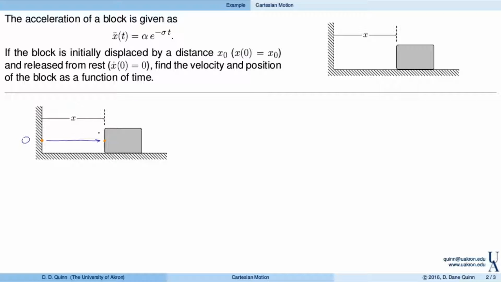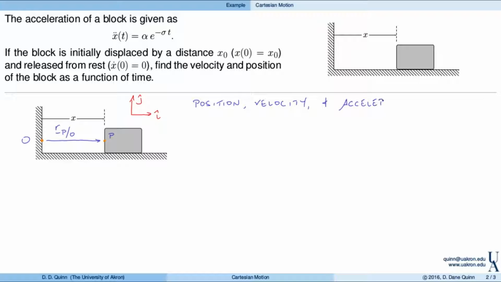Right, so the origin will be O, the block will be P, and again the position is P with respect to O. So in addition, I will identify the directions I and J as horizontal and vertical, so that the position, velocity, and acceleration are easily written in terms of the measured coordinate x.